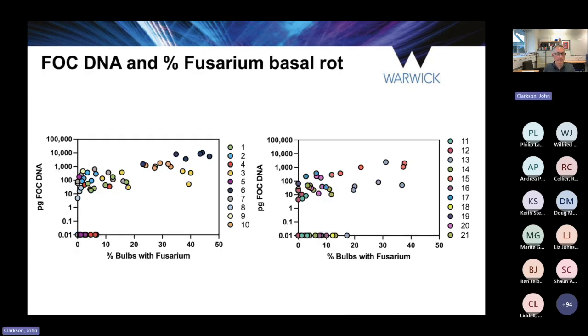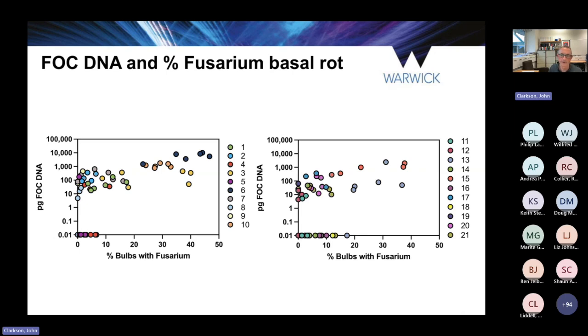The real test comes from whether you can relate the results of that DNA test to the amount of basal rot, and there's a lot of noise in these graphs when we tried to do that. The previous graph was an average for each site, but from each of those 21 sites we had 6 areas, and each area was monitored for disease at harvest, after a period of time in store.